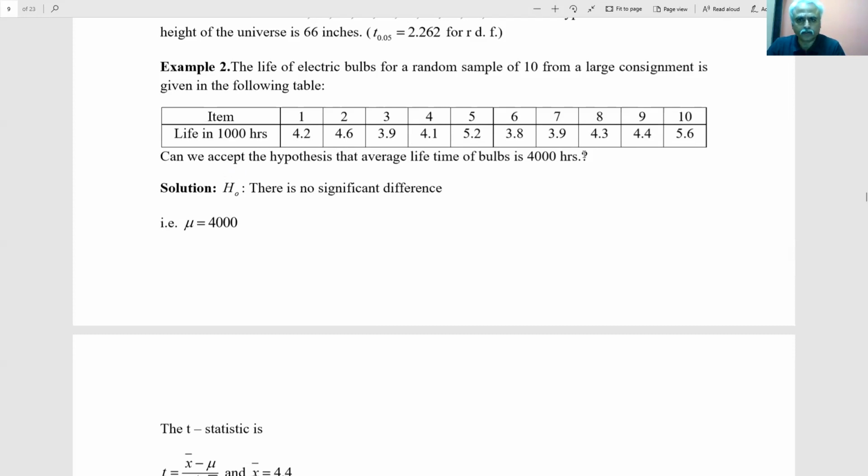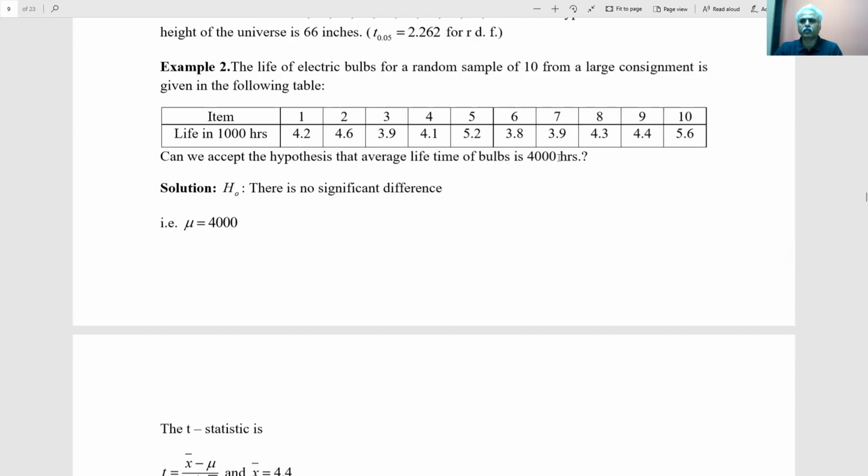Now, can we have the hypothesis that on an average the bulb lasts for 4000 hours? There is a sample of 10 bulbs. This is the data given, which is the actual hours the bulb is burning. Whether we can conclude that on an average, this is the population mean, 4000 hours.